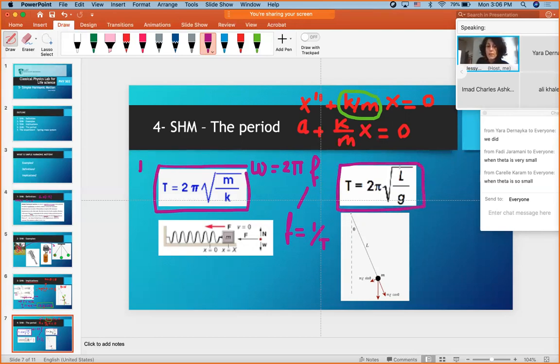So now we have equation 1, the period for a spring mass system, and equation 2 for the simple pendulum. Our job in the experiment is to study only the period of oscillation of a simple harmonic motion. We're going to take case 1, the simple pendulum, and let me label this one, and this is case 2.